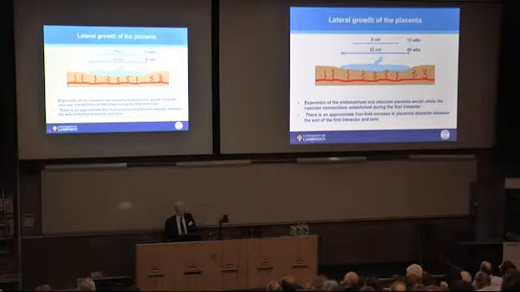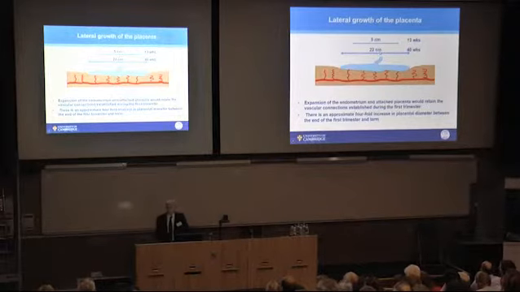The placental footprint on the uterus remains the same, but in fact, as they both co-enlarge, placental diameter increases from about 5 centimeters at the end of the first trimester to something like 22 at term. So you're talking about a fourfold increase in diameter.